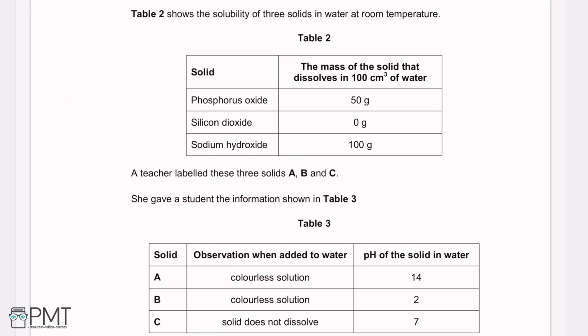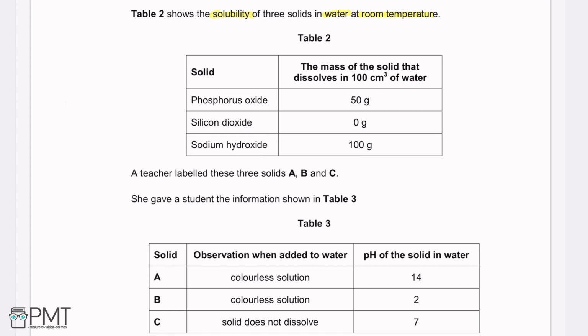Table 2 shows the solubility of 3 solids in water at room temperature. So we've got phosphorus oxide, silicon dioxide and sodium hydroxide, and then we can see here the mass of the solid that dissolves in 100 centimetres cubed of water.